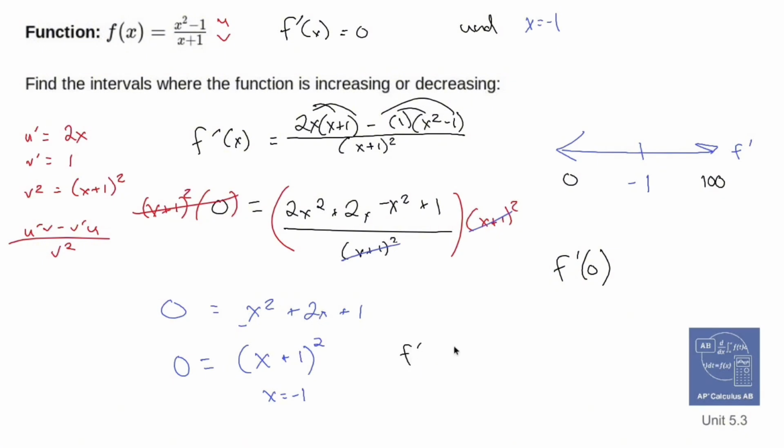F prime in its cleanest form was x squared plus 2x plus 1 over x plus 1 squared. So plugging in 0 would give me 1 over 1 squared, which is 1. So you're positive.